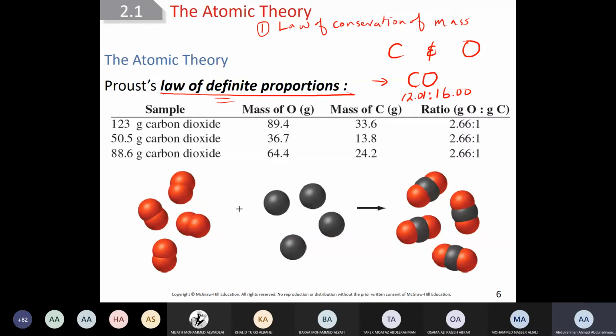What are we going to get here? 1.33. Is this clear? So this is called the law of definite proportion. It says that the mass of one element to the mass of the second element in the same compound must always be the same.